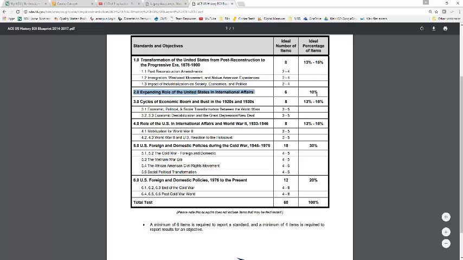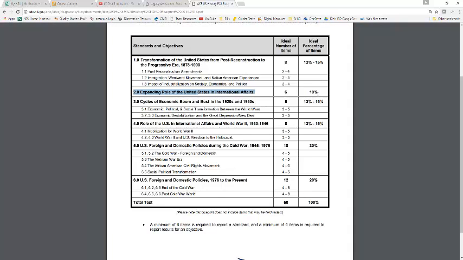So this is going to be about 25% of the test, which should mean that you have about 25% of your class dedicated to this. So by the end of the first 25% of your class, which again, if we're talking 8 months, is 2 months in, you start in August, September, by the middle of October, you should be up to World War I. And I just said that typically I never reached World War I until after Christmas.